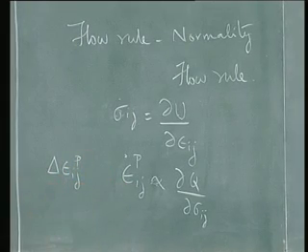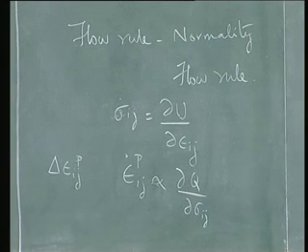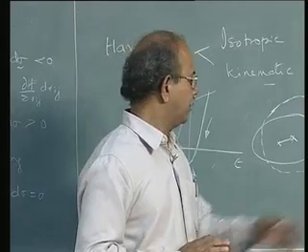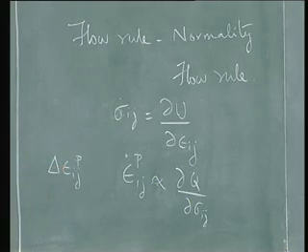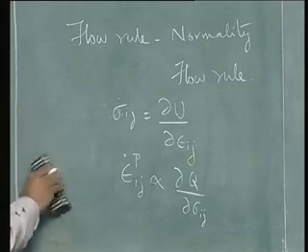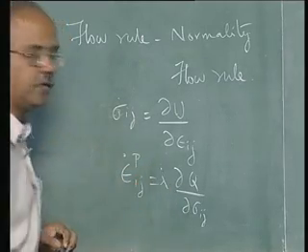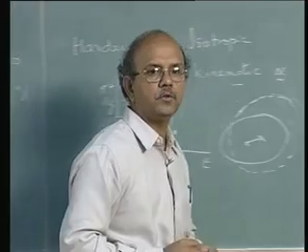We already saw that time is only a pseudo term, and that time has no effect. We are looking at rate independent effects. So people write this also as delta epsilon ij p instead of epsilon dot ij p, and if I introduce the proportionality constant, then this can be written as lambda dot dou q by dou sigma ij.